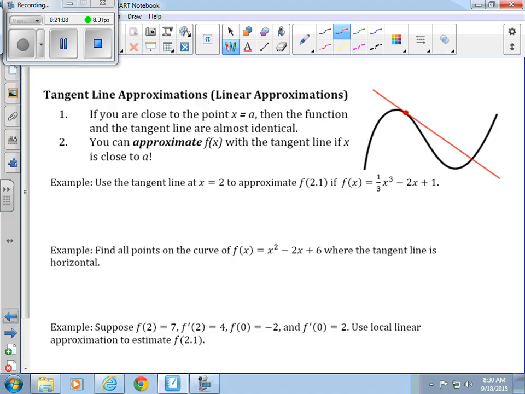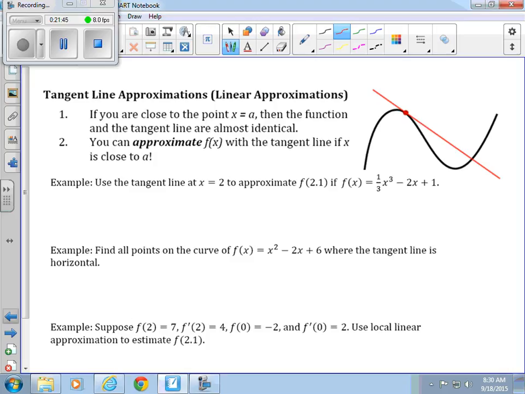Alright. Tangent line approximation, or what's called a linear approximation. If you are close to a point on a function, the function and the tangent line are almost identical. And when I say close, I mean really close, not points away, but decimal values away. So if you wanted to approximate the value of sine of 0.1 on the graph, but you couldn't plug 0.1 in, and I know you're going, but I could plug 0.1 in.